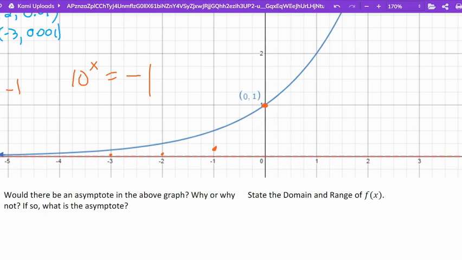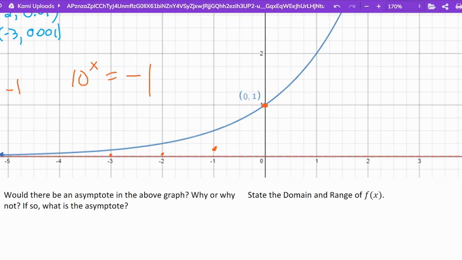Okay. So it's telling me 1 times 10 to the power of 100. What's happening is every time we increase the decimal in a negative way, we're dividing by 10.